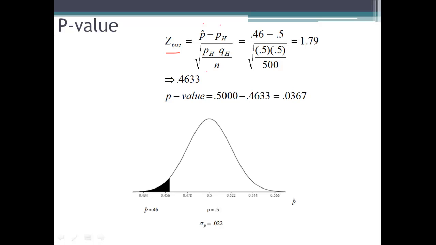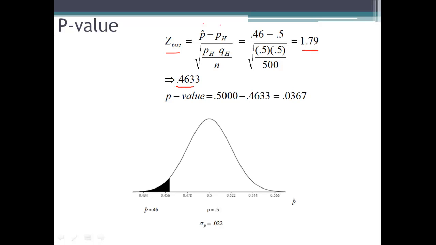You may recall that for confidence intervals and hypothesis testing for proportions, the standard errors differ slightly. We get a z-value of 1.79.